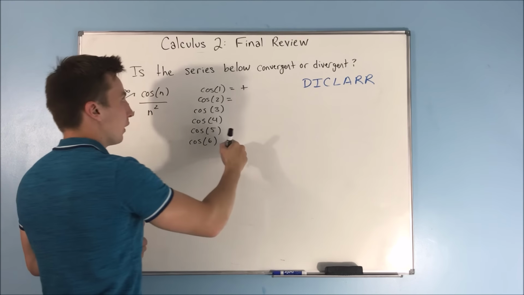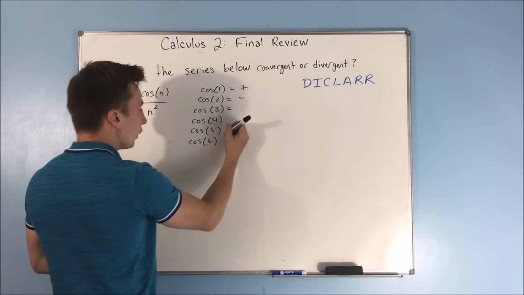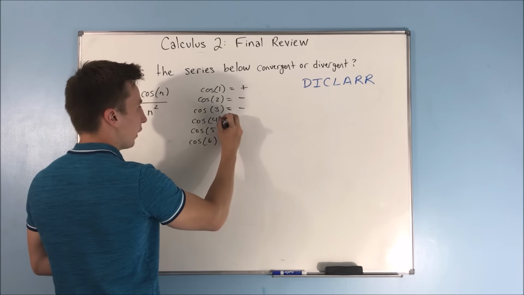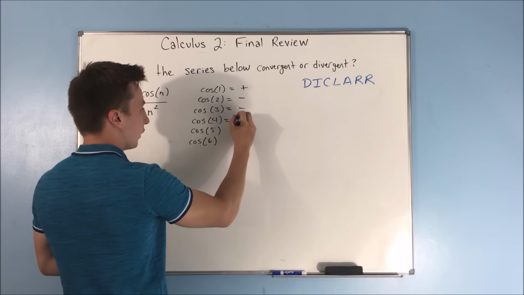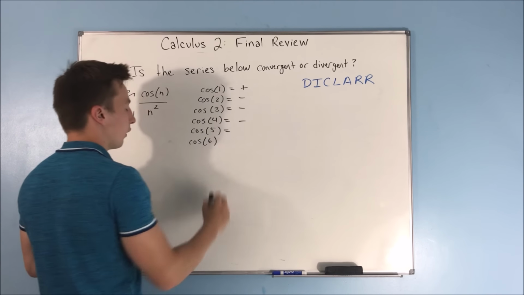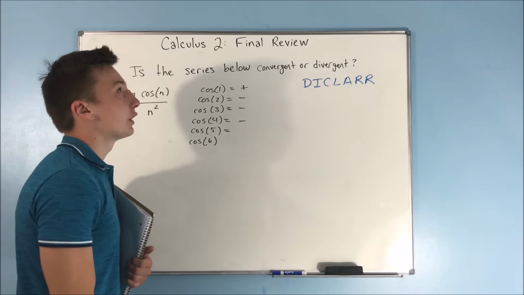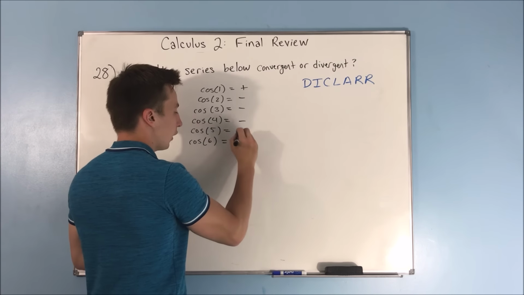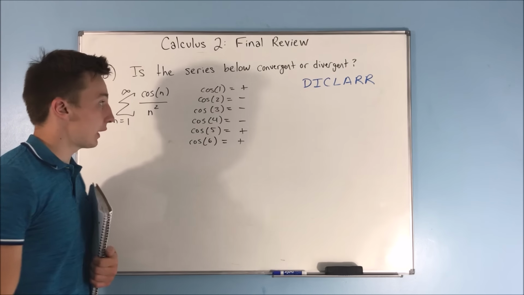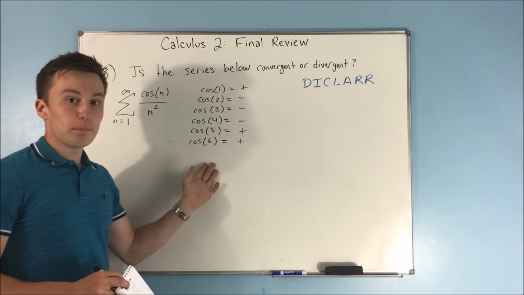Cosine of 2 is in the second quadrant, and that's negative. Cosine of 3 is in the second quadrant, negative. Cosine of 4 is in the third quadrant, negative. Cosine of 5 should be in the fourth quadrant, and that's positive. And cosine of 6 is in the fourth quadrant, and that's positive. So you see that the signs are not alternating.